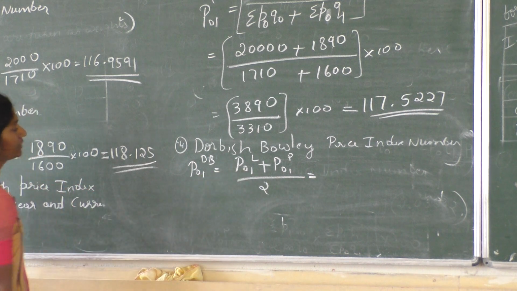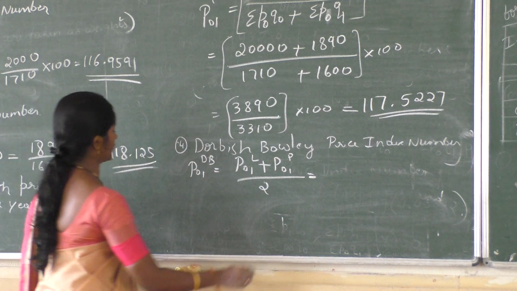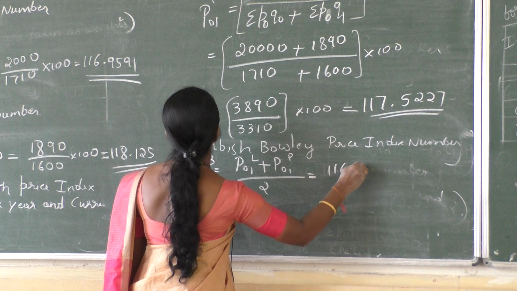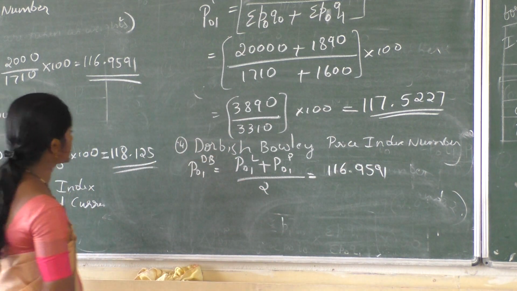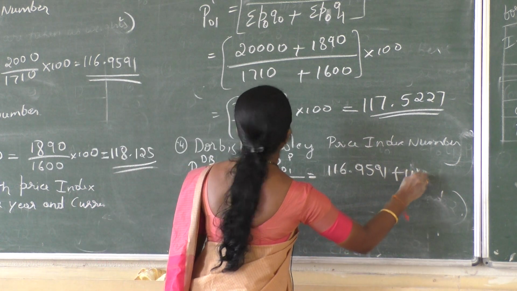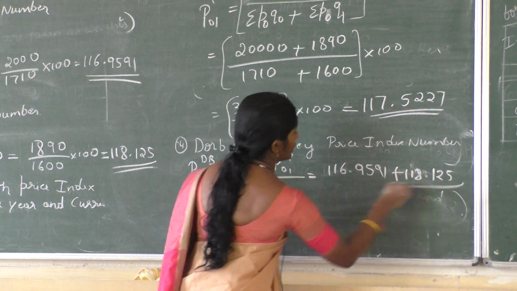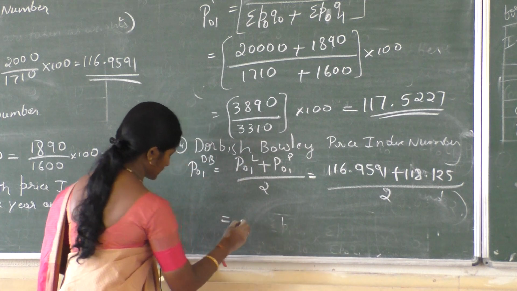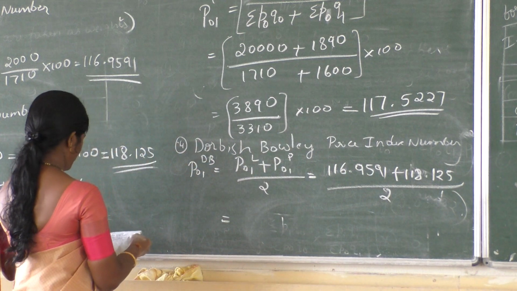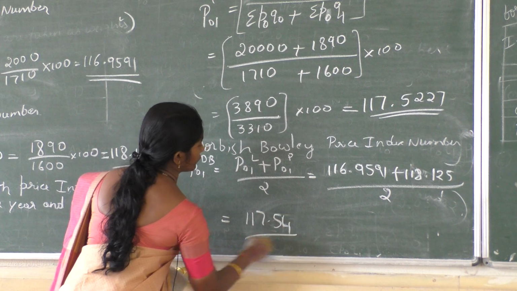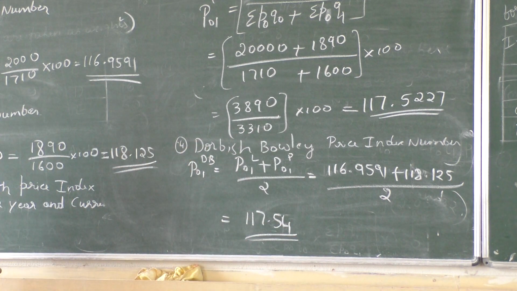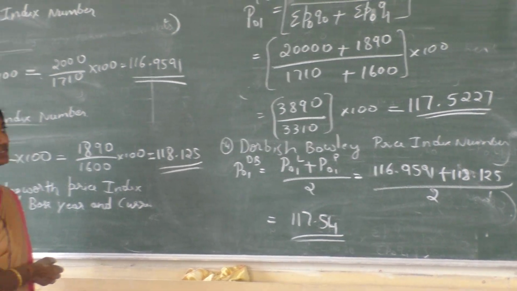We got Laspeyres 116.9591, or you can write 96 also, plus 118.125, divided by 2. Our answer is 117.54. That is the Dorbish-Bowley price index number.